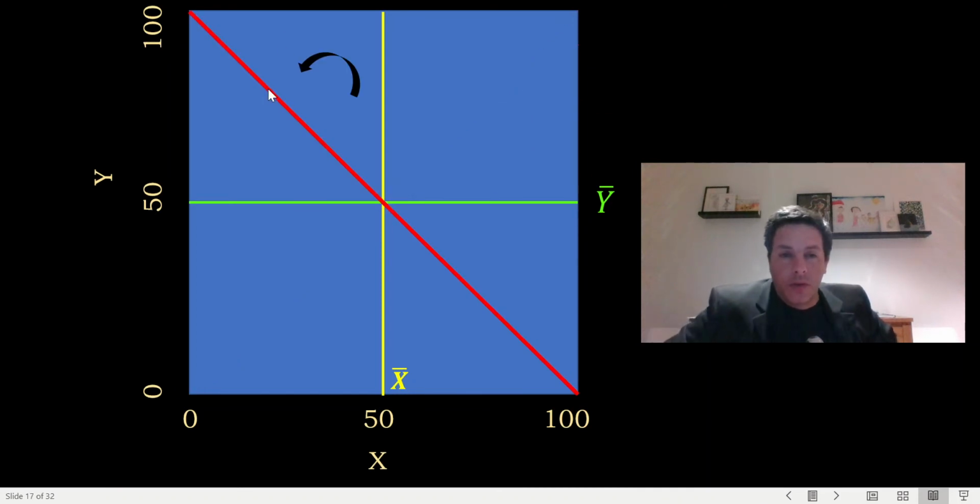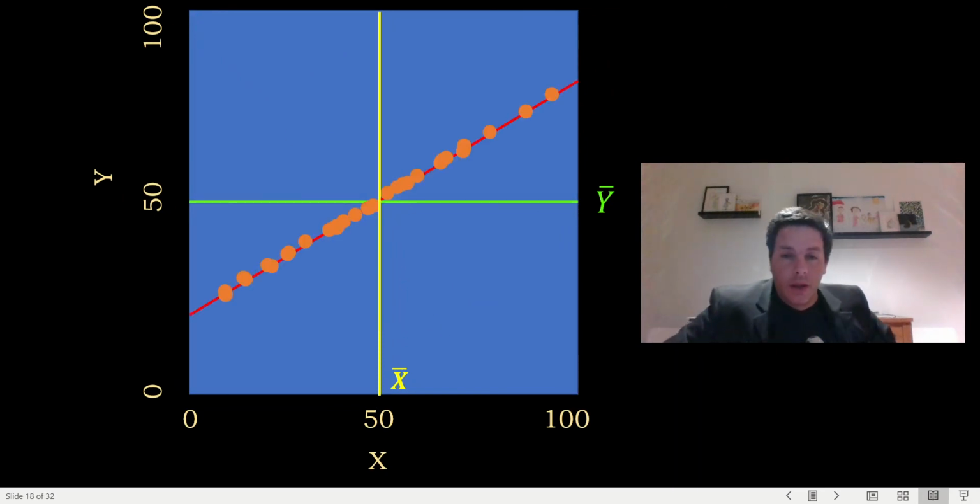Okay, so this also tends to be a -1 correlation because it's at a 45 degree angle, but it goes the other way: as the values of x increase, the values of y decrease.